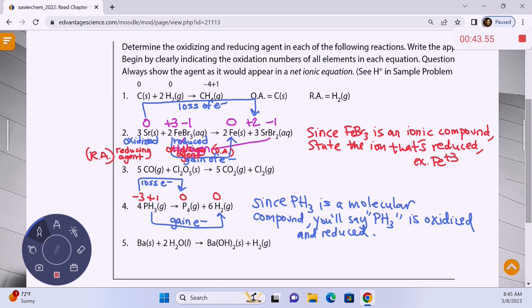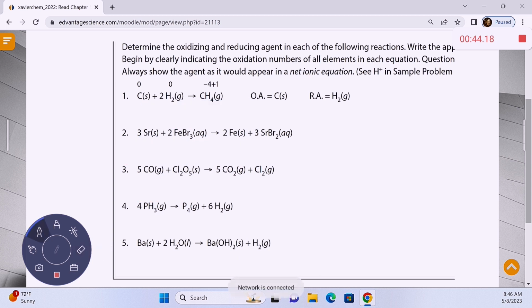Okay. All right. Do you want me to do one more with you? Yeah. Okay. Why don't we take a look at number 3? So in number 3, for CO, which one of those do you know? Oxygen. Okay. So oxygen has the usual oxidation number of -2, which means carbon would be +2. Okay.